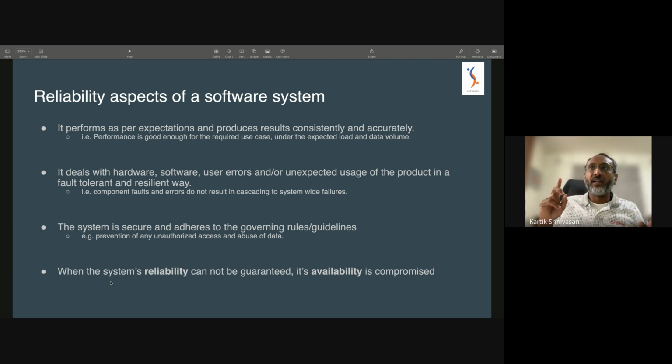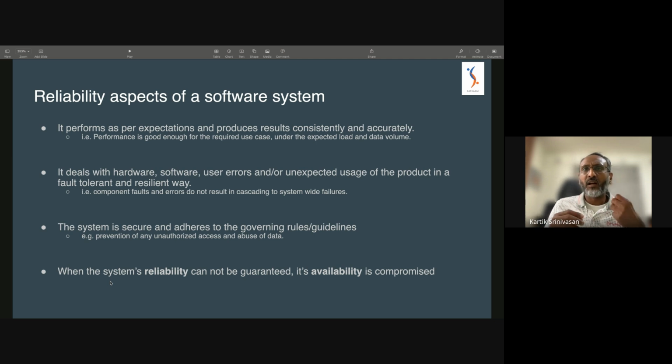It may deal with hardware errors, software errors, user errors, many different kinds of erroneous situations, and still be able to handle that fault in a resilient way, right? And do it in a manner that when you recover from that problem, you've not lost anything. That is the durability guarantee that the system needs to provide.